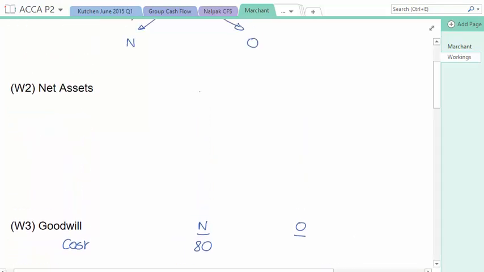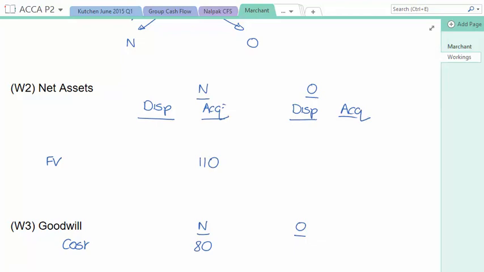So I go to my net assets working, and I'm going to have one for Nathan and one for option. And I'm going to do this at the acquisition and the disposal date, because those tend to be the key dates that we have to be able to deal with. And the fair value of those net assets is 110.